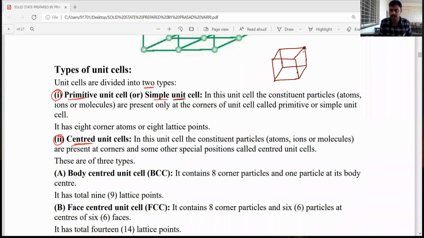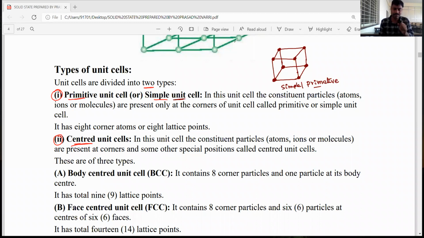The atoms or molecules or ions are present only at the corners of the unit cell. These are the corners. This type of unit cell is called a simple or primitive unit cell.